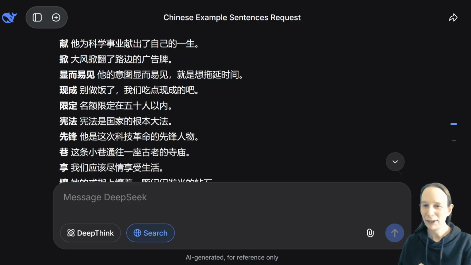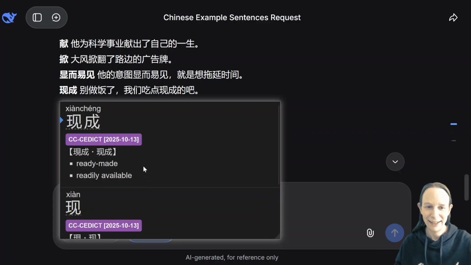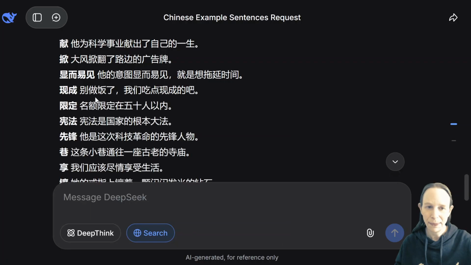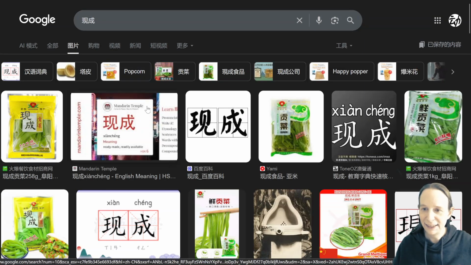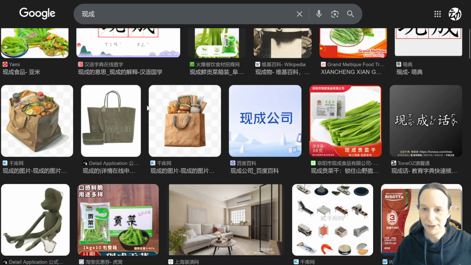But if the meal is not already cooked, you'll have to wait, but it's fresher. So you have to weigh up whether or not you want it now. So 现成, it's already made. 别做饭了，我们吃点现成的吧. So this one, 现成. What is all this?